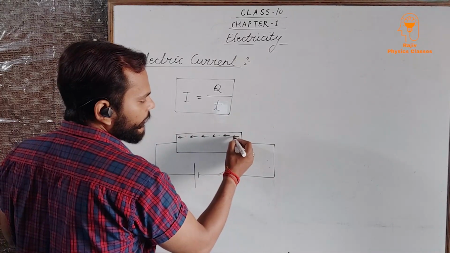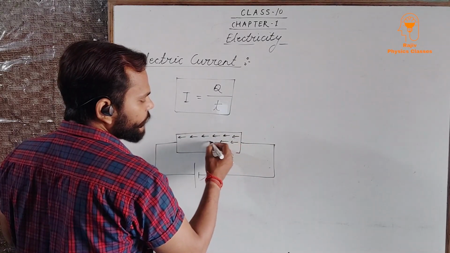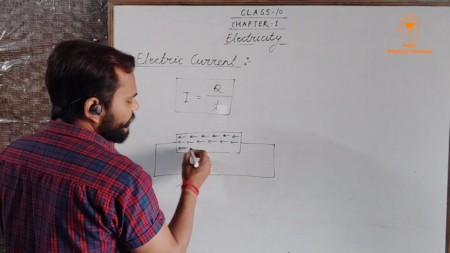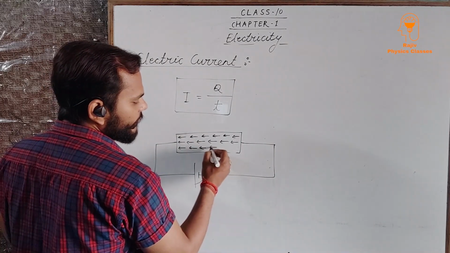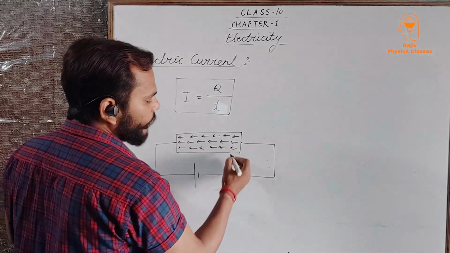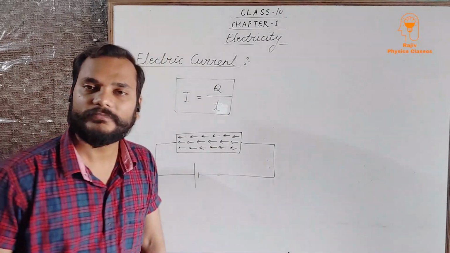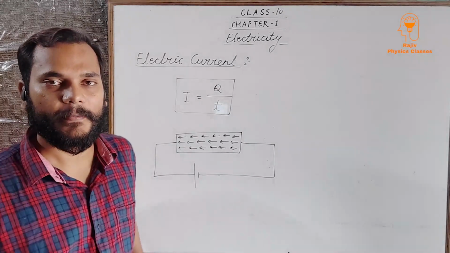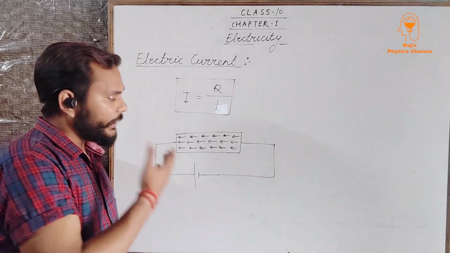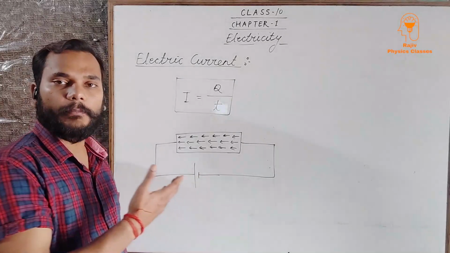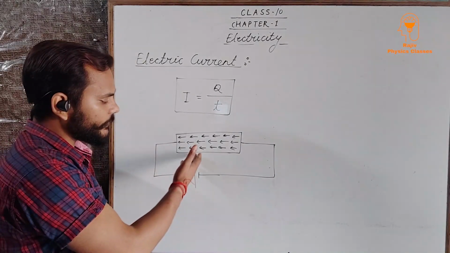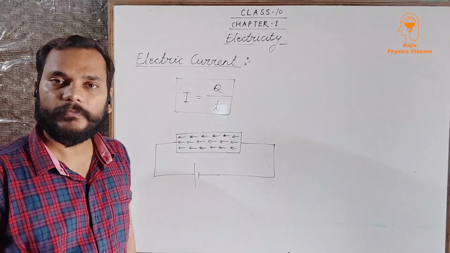Now remember that sentence which I used in my last video. I told you that I will explain the meaning of one direction: the flow of electrons in one direction, the flow of charge in one direction. Now see here. All these electrons are moving in one direction after connecting this wire with the supply.